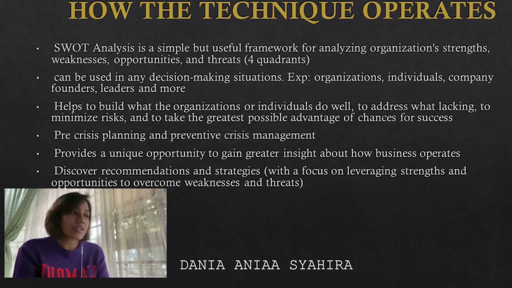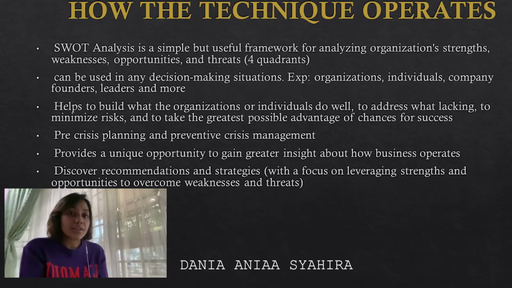For the first quadrant, which is strength, it is used to describe what an organization excels at. For example, a strong brand name, a loyal customer base, and more. The second quadrant is weakness, the area which the company or organization needs to improve. For example, lack of capital, high level of debt, and more.